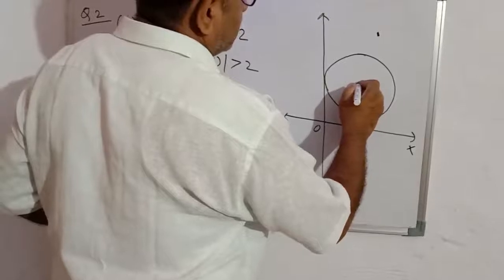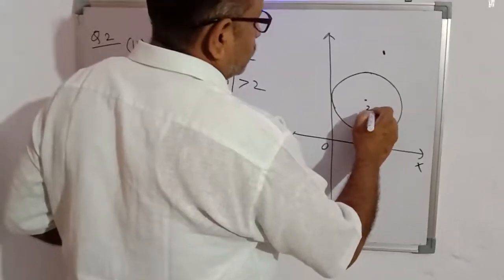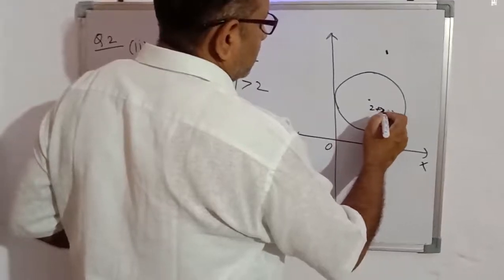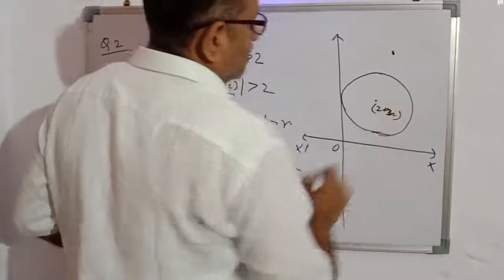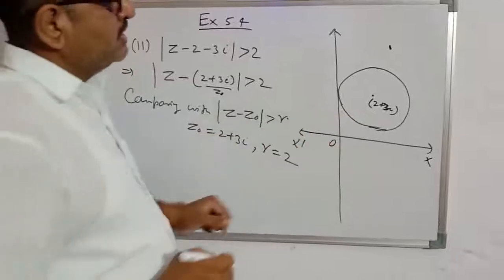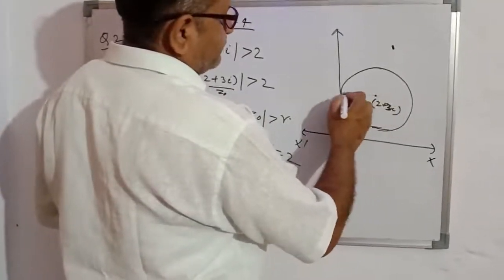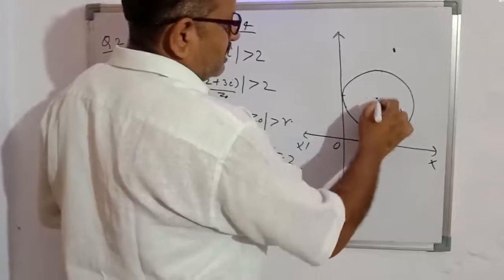This is the circle. This is the center, 2 plus 3i. Coordinate is (2, 3). This distance is 2 units, and this distance is 3 units.